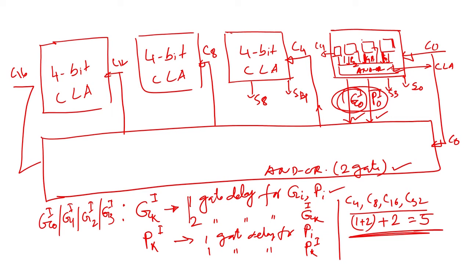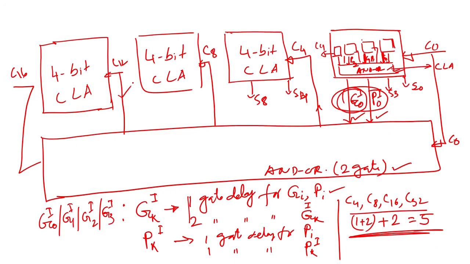So, then what will be the total gate delay for sum? To analyze that you have to go a little more in depth. See, C4 will be generated with 5 gate delay, that is no doubt. So, after what is there here, this is a 4 bit CLA circuit.